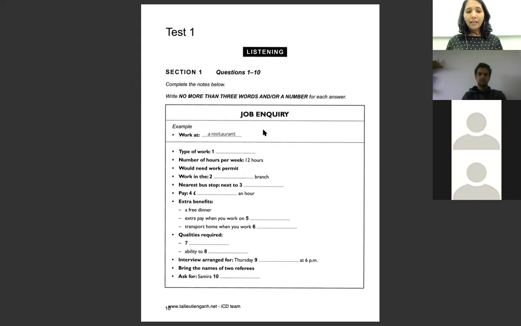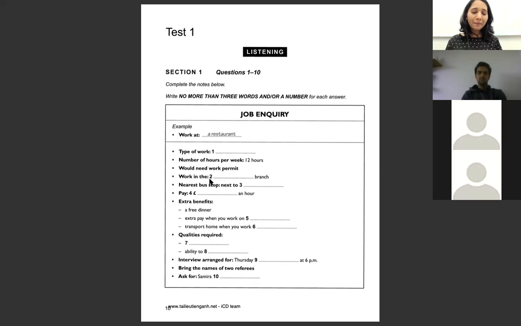It could be full-time, part-time, white-collar, blue-collar, or some kind of work, maybe working at a restaurant. So type of work, it's some kind of job. So we are listening for that detail.